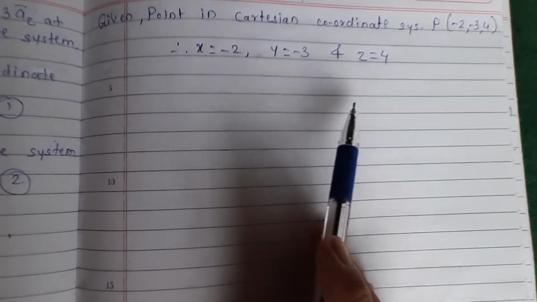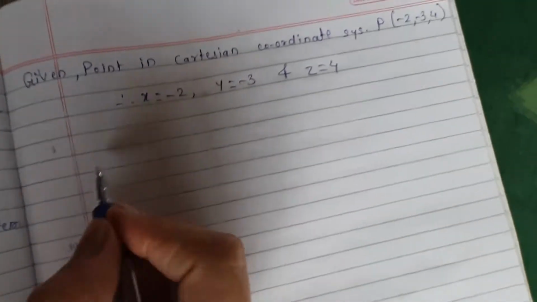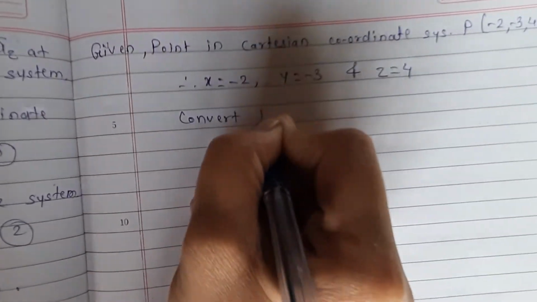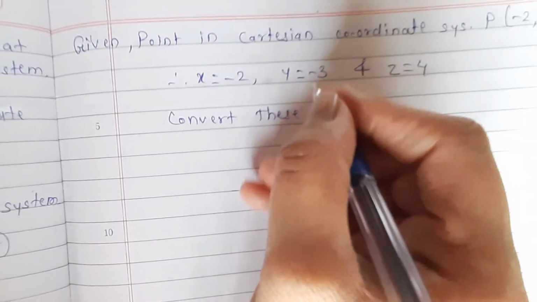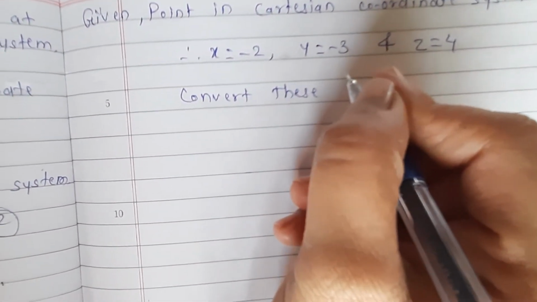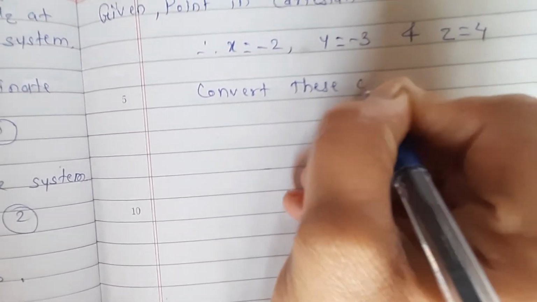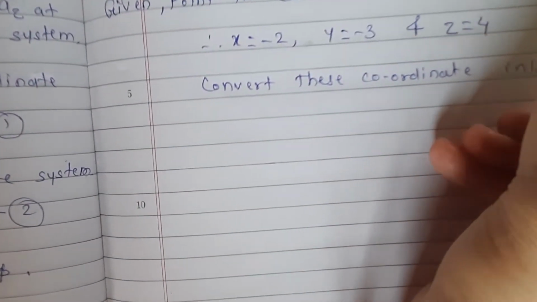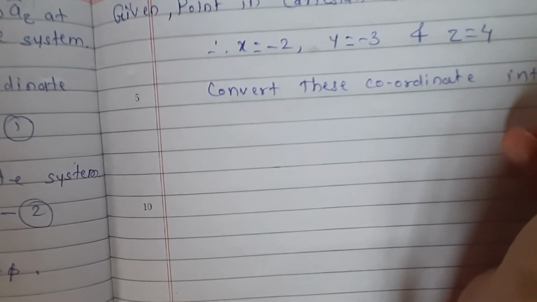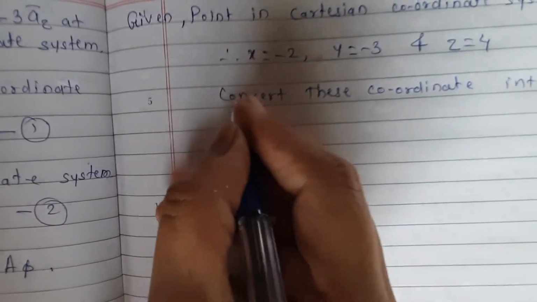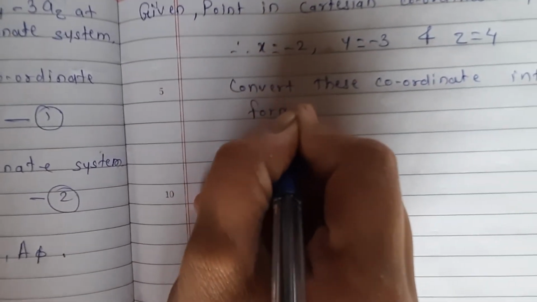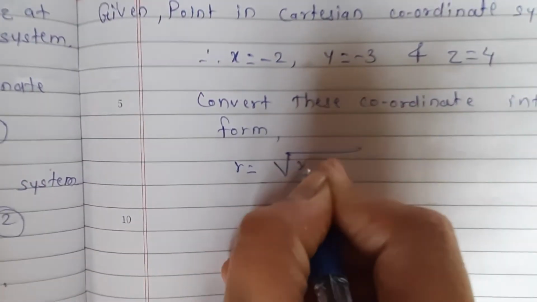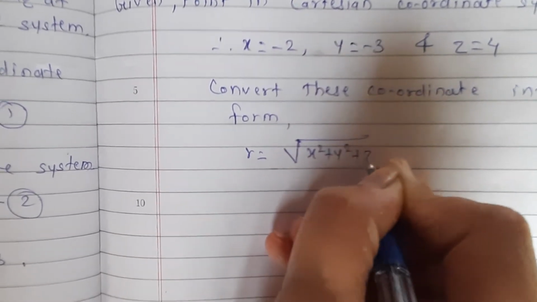Now we convert this coordinate into spherical form. For that we have some equations, that is r is equal to square root of x square plus y square plus z square.